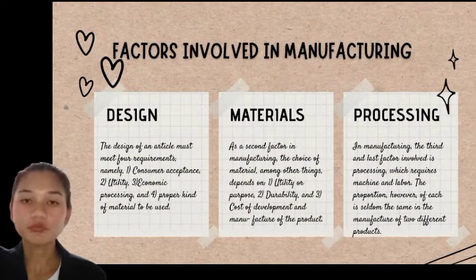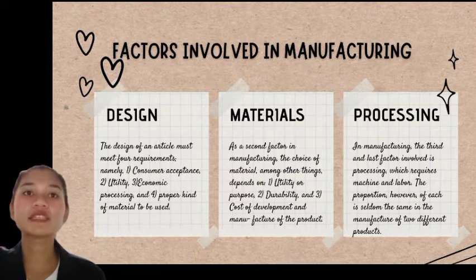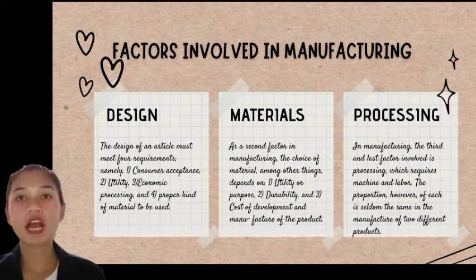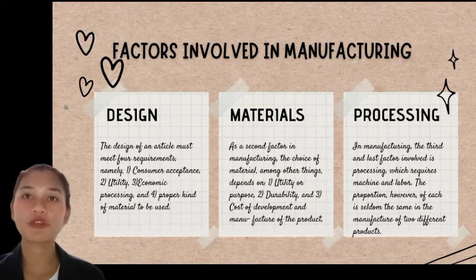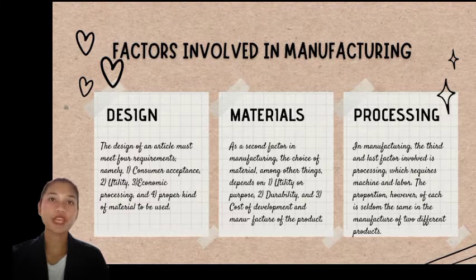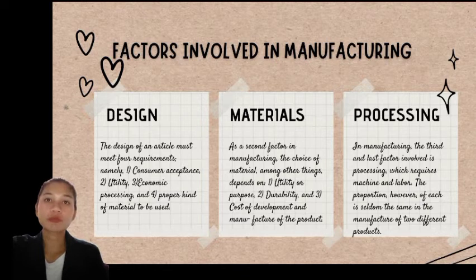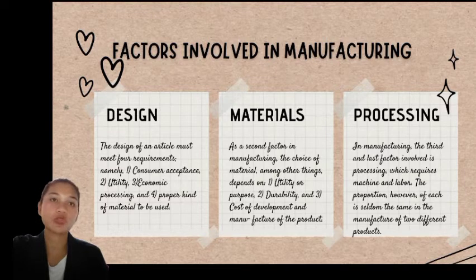So the next slide is the factors involved in manufacturing. The manufacture of any article involves the following factors. We have here the design. The article must meet the requirements, namely the consumer's acceptance, utility, economic processing, and the proper kind of materials to be used.